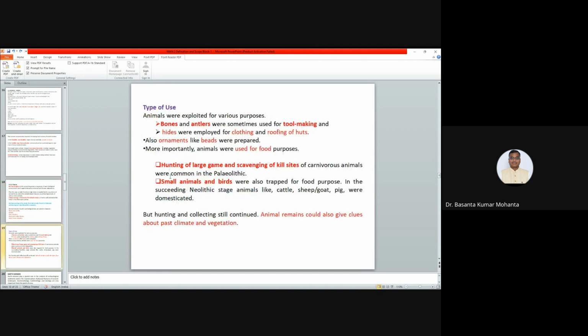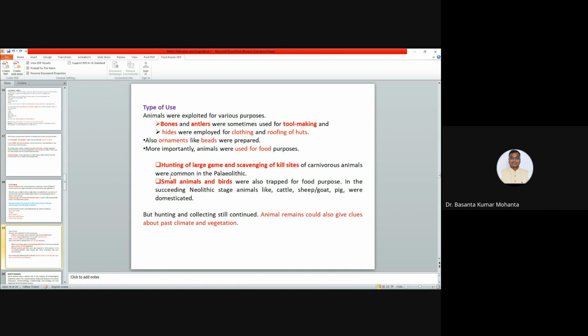Animals were exploited for various purposes. Bones and antlers were sometimes used for tool making. As we discussed, for preparing different kinds of weapons, people were using wood or branches of trees, but in a similar way, bones and antlers were also used in tools or for different kinds of activities.